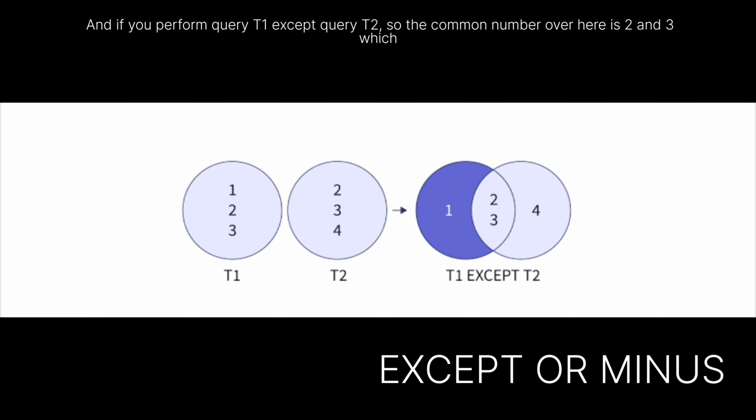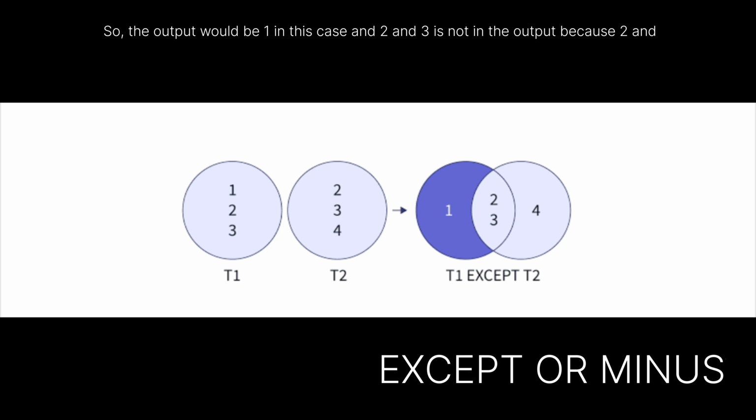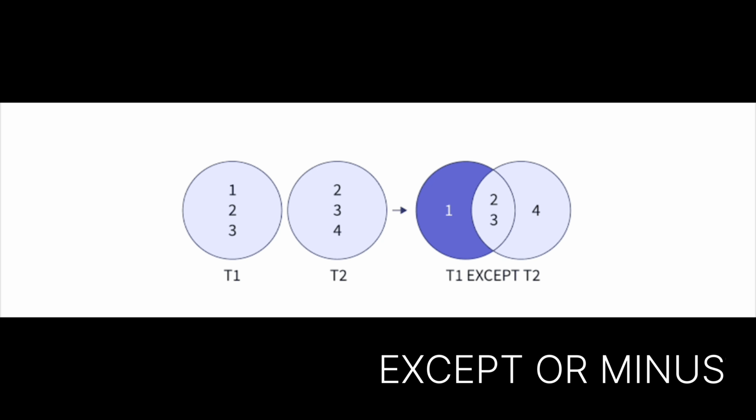If you perform query T1 except query T2, the common numbers are 2 and 3, which are present in T1 and also in T2. But the number 1 present in T1 is not present in T2. Hence the result set of except is 1. The output is 1 in this case, and 2 and 3 are not in the output because 2 and 3 are present in T2. This is how the except or minus operator works in SQL.